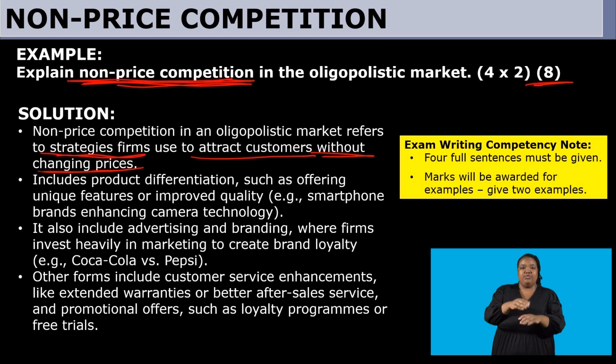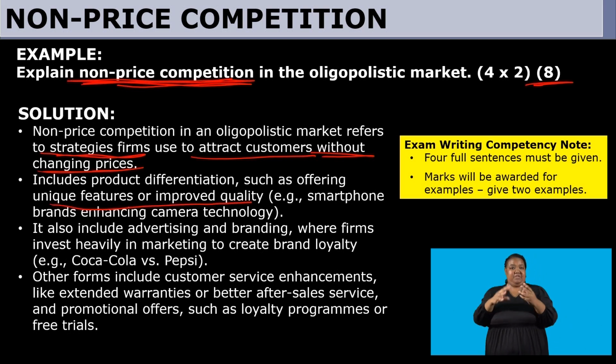So it includes product differentiation, such as offering unique features or improved quality, e.g., smartphone brands enhancing camera technology. It also includes advertising and branding, where firms invest heavily in marketing to create brand loyalty, e.g., Coca-Cola versus Pepsi.